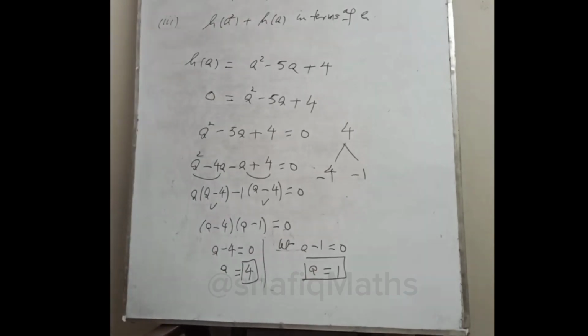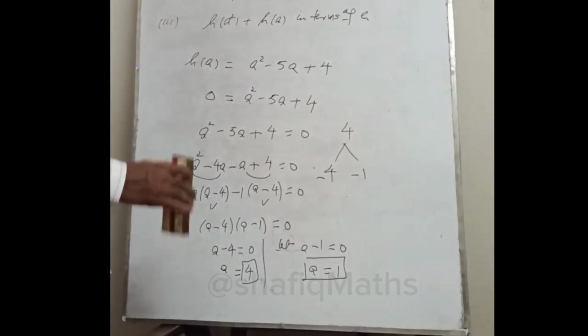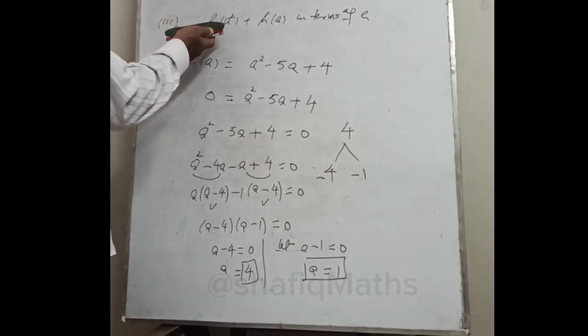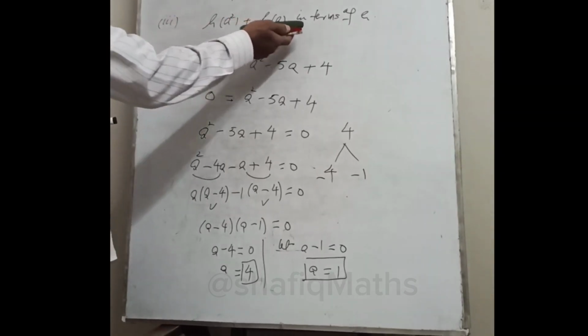Now we are coming to the third part of the question. Find the value of h(a²) + h(a) in terms of a.